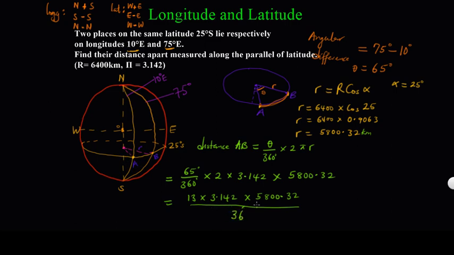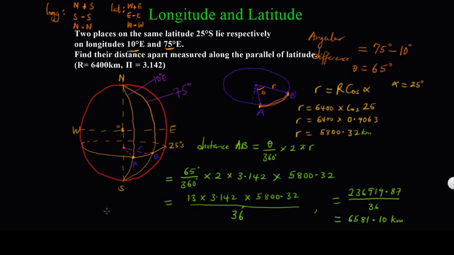So here we can use our calculator to multiply all the numerator, which is going to give us 13 times 3.142 times 5800.32. That gives us 236,919.87 divided by 36, and our answer here will then be 6581.10 kilometers.